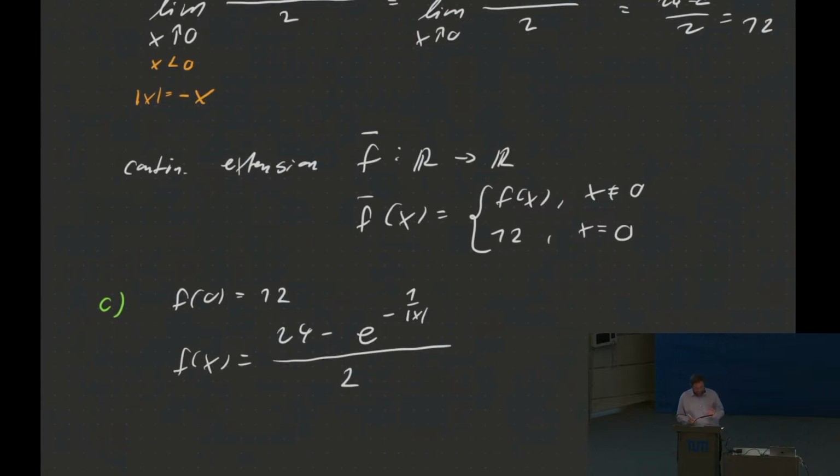So the only x that appears in this term is here, and that only appears as the absolute value. So it doesn't matter what sign x has, whether it's positive or negative, the function value will be the same. Or in other words, the graph of that function will be symmetric with respect to the y-axis, right? So let's write that down.